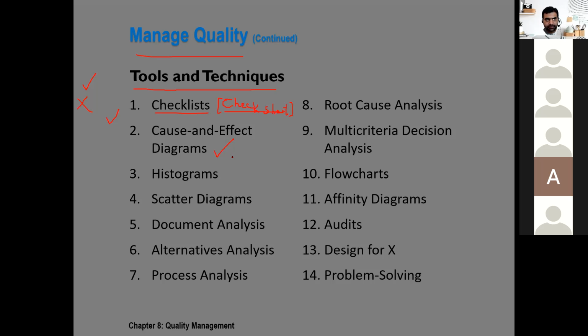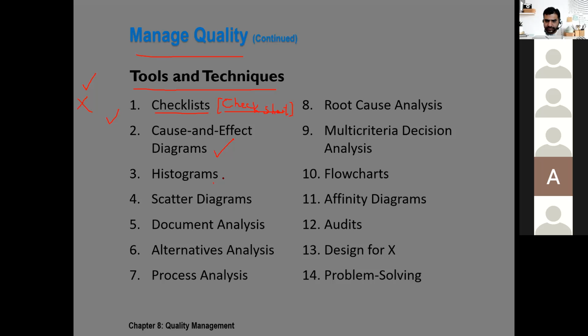The famous Ishikawa, Professor Ishikawa from Japan. He invented this quality assurance technique. It is also called a fishbone diagram because it looks like a fish. We are going to discuss the fishbone diagram or Ishikawa diagram in more depth soon.